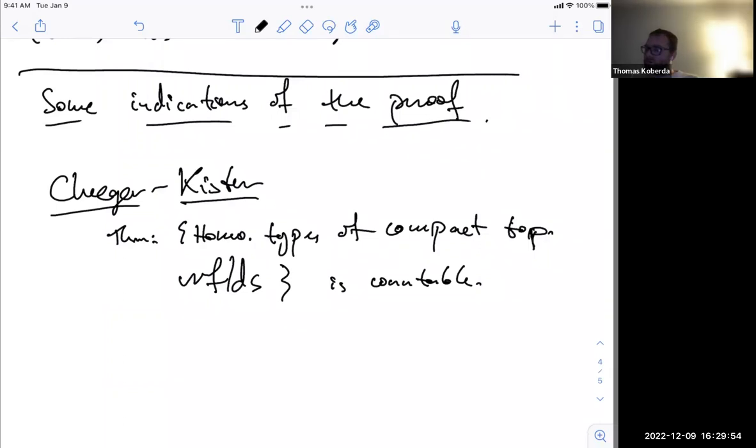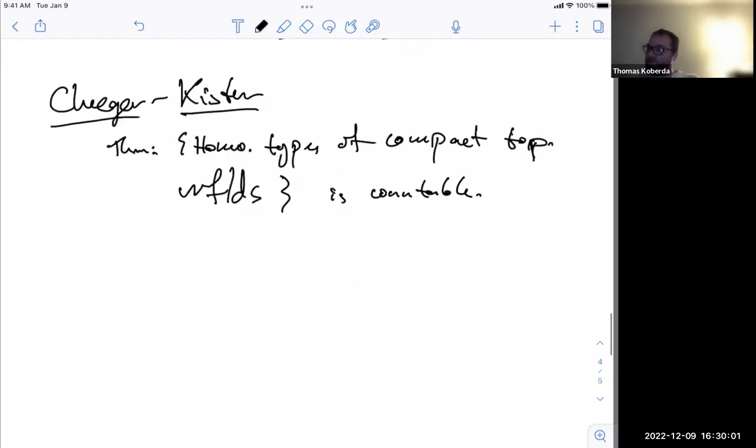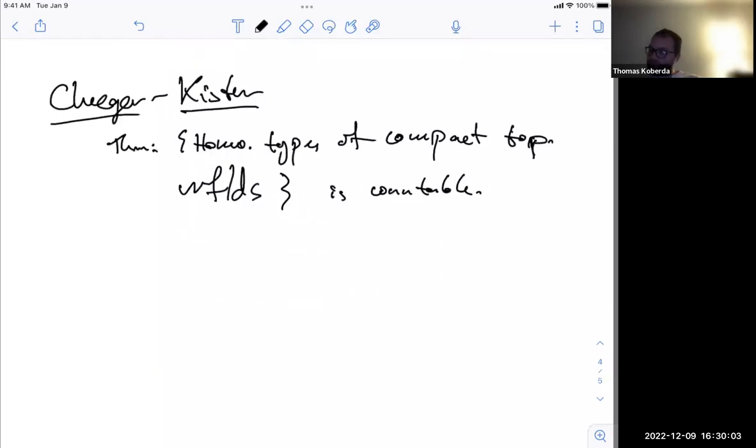Okay, so the output of this theorem is not particularly important for us, but what they proved is the following. They start with a manifold M. You can pretend that it's closed if you want to make this slightly easier at first pass.